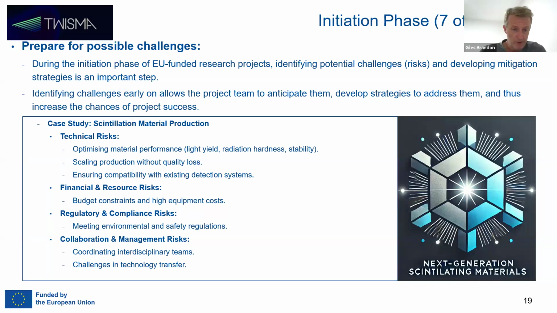On the financial resource side, we might encounter budget constraints and high equipment costs. Regulatory and compliance risks. It may be a challenge for us to meet environmental safety regulations. And this 4th category of risk, collaboration and management risks. The difficulty of coordinating interdisciplinary teams that are spread geographically, ensuring that there's good communication between them and that they really are collaborating together. That could be a challenge.